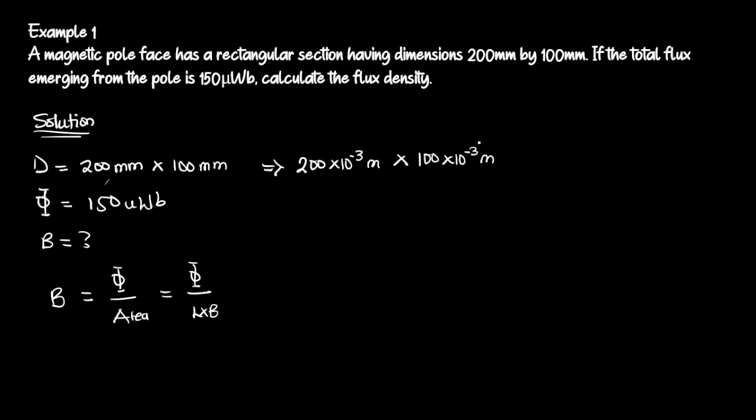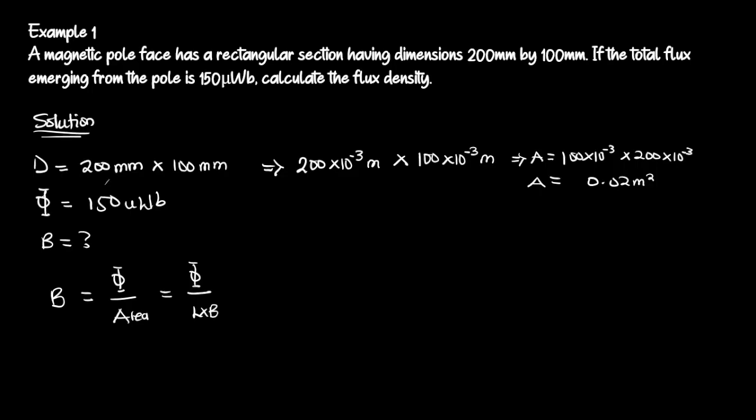If I multiply these two to get my area, which is 100 times 10 raised to the power minus 3 multiplied by 200 times 10 raised to the power minus 3, the area in this case will be 0.02 meters squared for this magnetic pole.